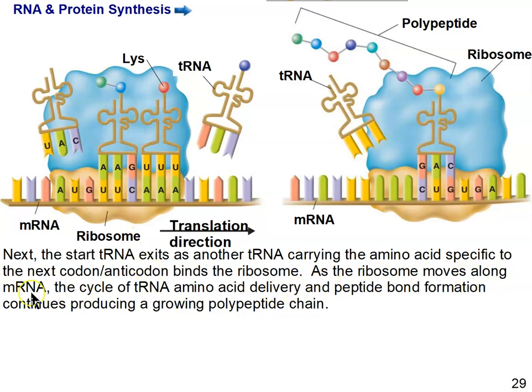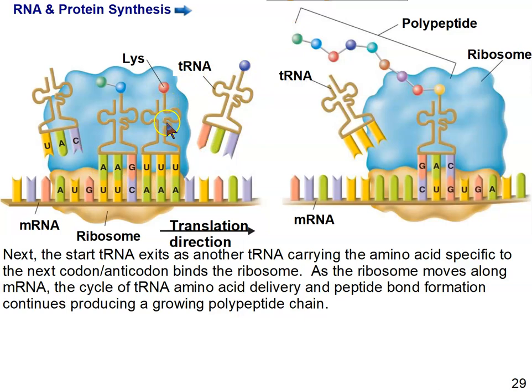As the ribosome moves along the messenger RNA, the cycle of transfer RNA amino acid delivery and peptide bond formation continues, producing a growing polypeptide chain. So we've already seen basically the whole process.